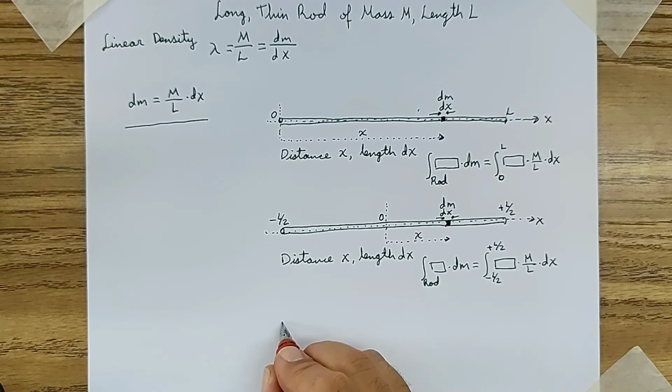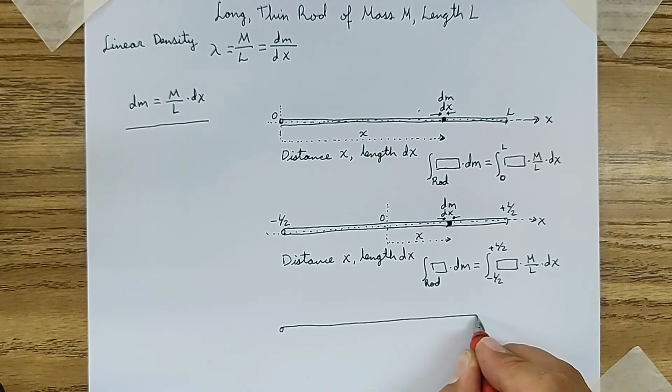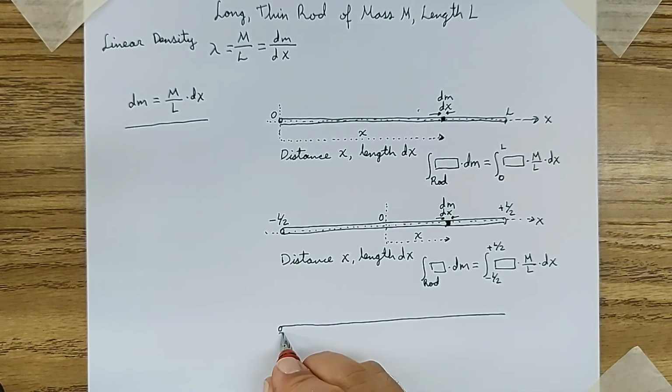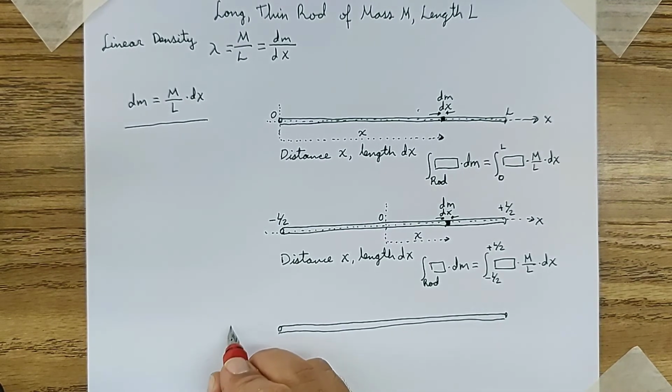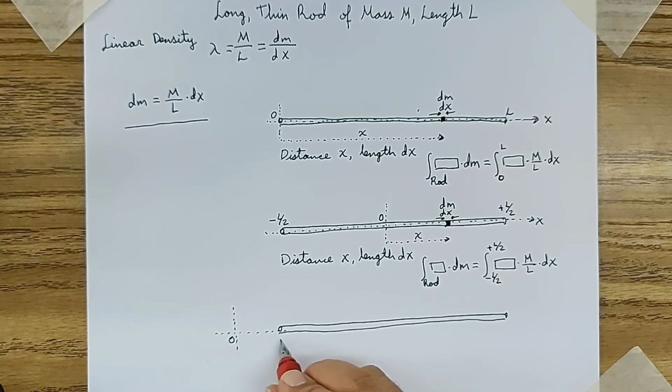Finally, it might be convenient for you to have an origin that actually lies outside of the object. For example, let's say that you want an origin that is at distance a from the left end.